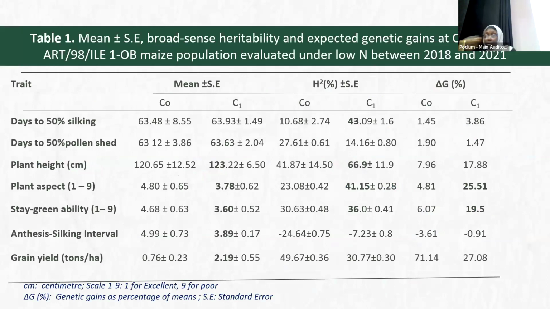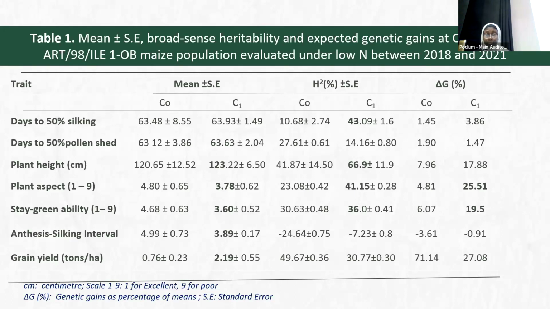Our results: we have been able to complete 2 cycles in this project. For plant aspect, which is the overall appeal of the plants, we rated that on a scale of 1 to 9, 1 representing excellent and 9 representing poor.